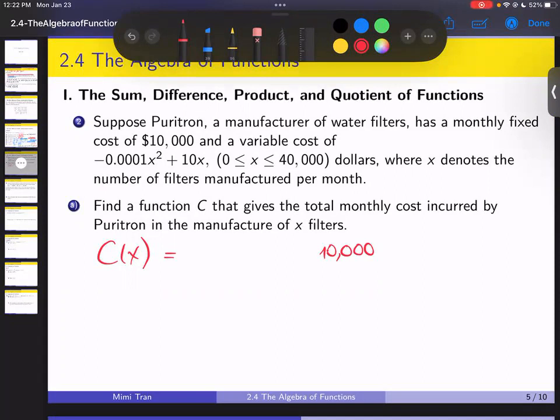It depends on how many filters you are doing. That's your other cost. So negative 0.0001 x squared plus 10x plus 10,000. Don't forget x is between 0 and 40,000.